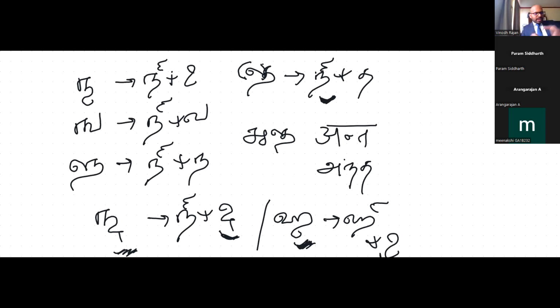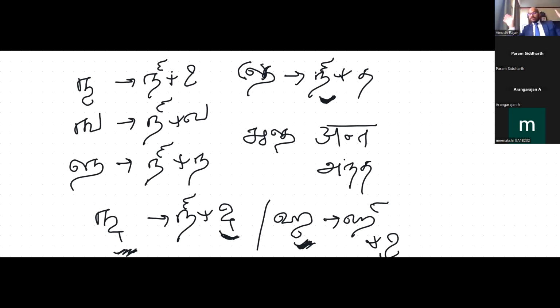Again, you have forms such as, so ma becomes imma, and again plus va becomes dva, right? It just becomes one cursive form.